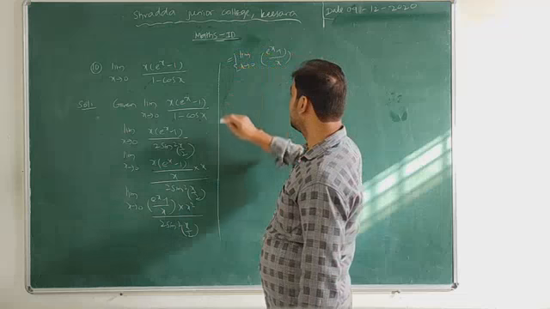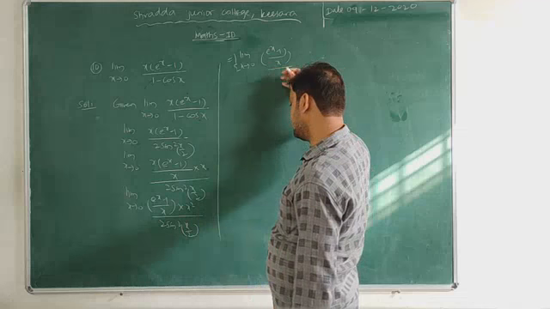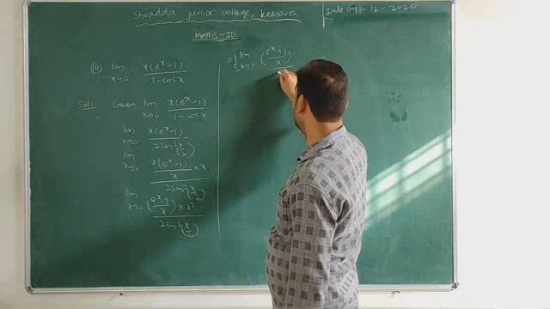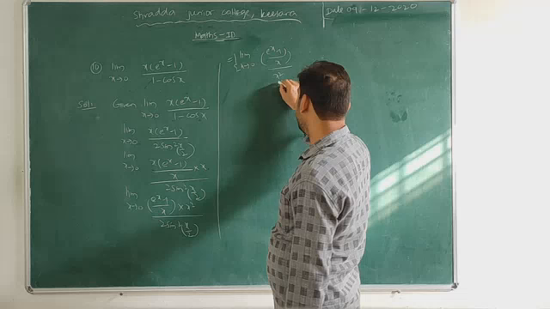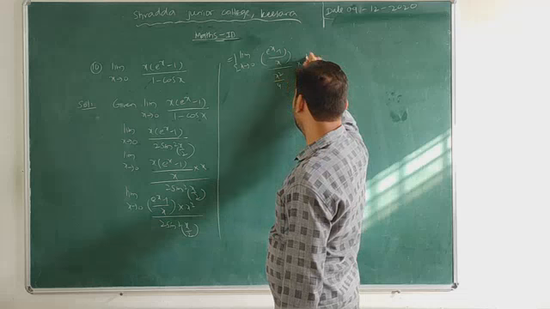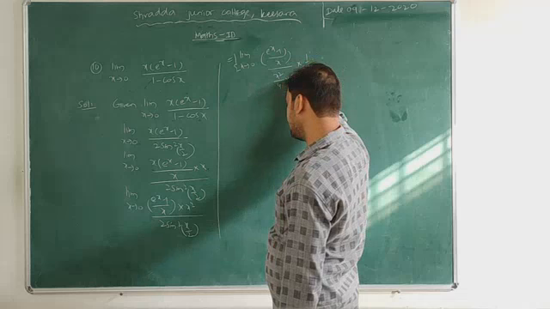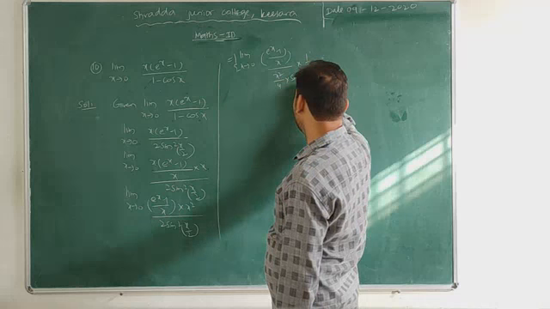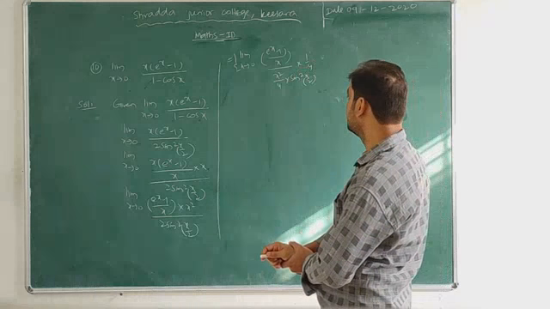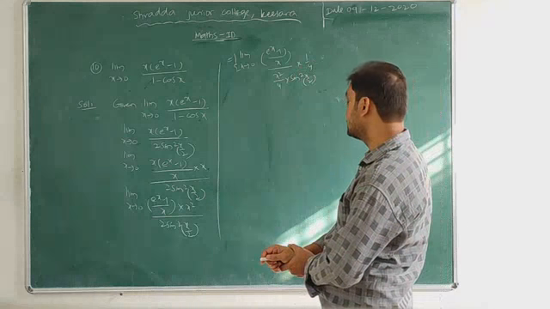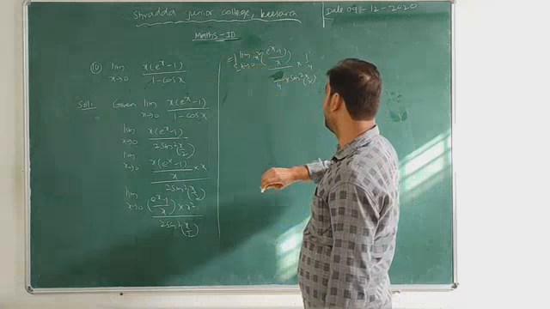Here 1 by 2 is constant, then x square goes down, then x square. Here this is multiplying and dividing with 1 by 4 into what? Sin square x by 2. Okay, this is x square.